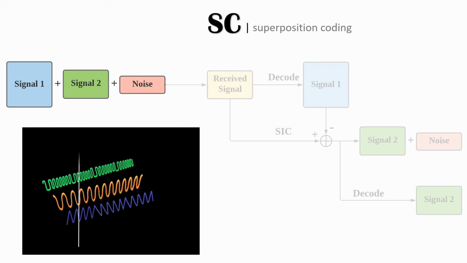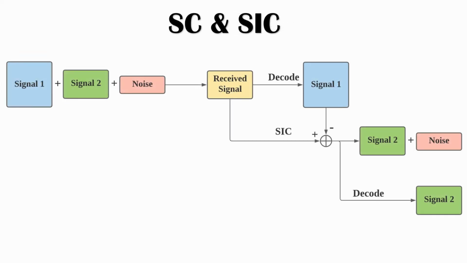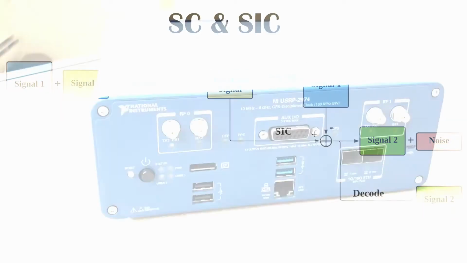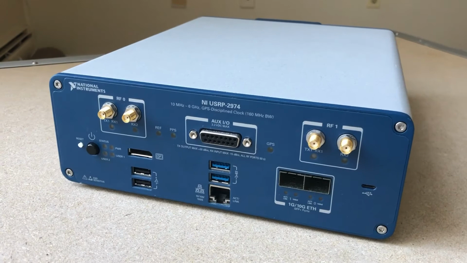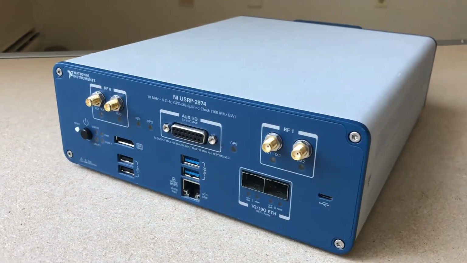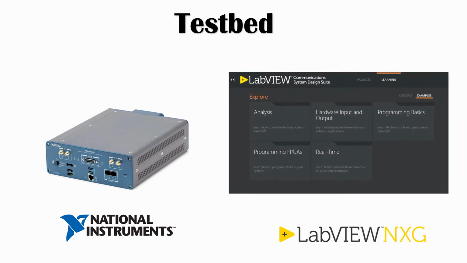This mainly requires two procedures: superposition coding and successive interference cancellation. We're going to implement the two main procedures using a hardware board, USRP 2974, serving as an analog and RF front end. Besides, LabVIEW NXG 4.0 serves as the host for prototyping.